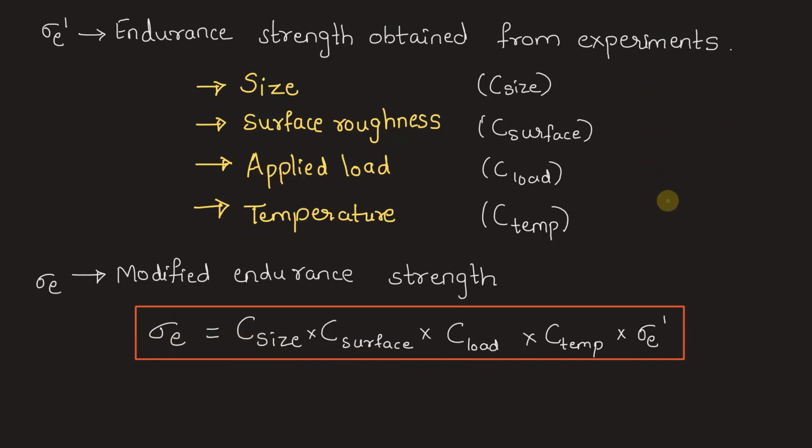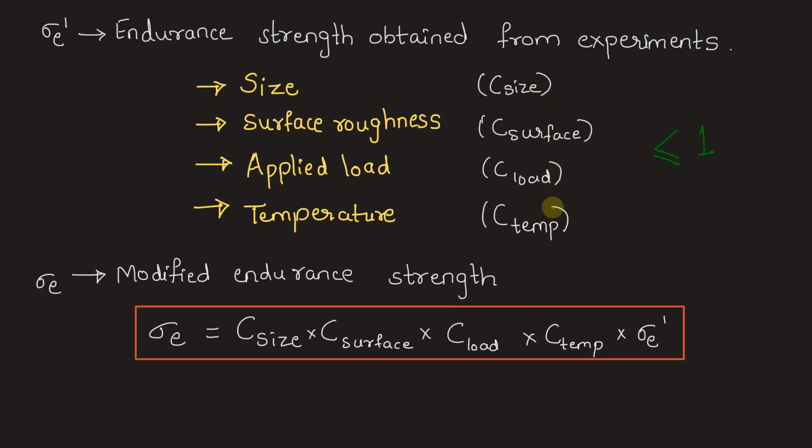The value of all of these factors will never exceed 1. That means if the conditions are perfect as per the experiments, the value will be 1, and there will be no decrease in endurance limit or endurance strength. If there is any deviation from the experimental condition, which is obviously possible in practice, the value will be less than 1. So the maximum value that these can take is equal to 1.